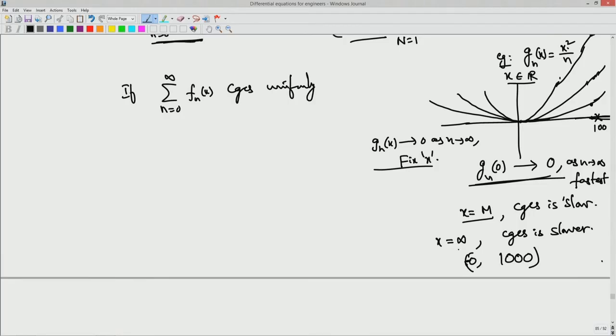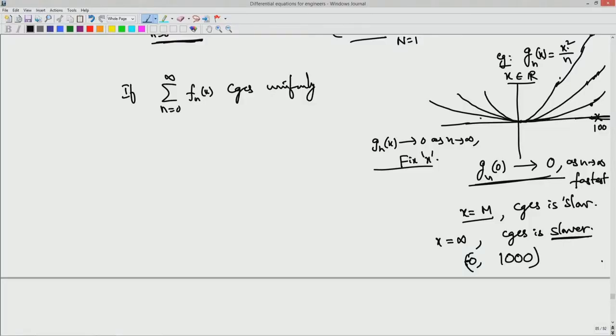That means it is not uniformly converging. If you can put a lower bound on the speed of convergence, that is, if you have some fixed number, then your sequence g_n(x) converges uniformly as n goes to infinity. That means it works for all x.